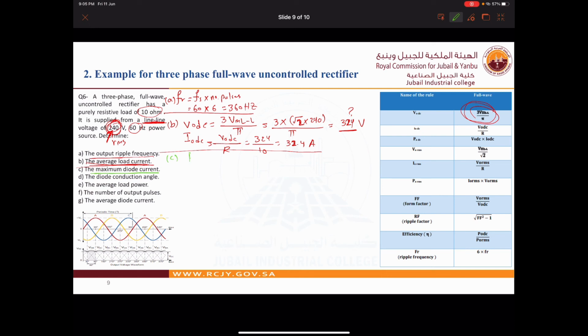I maximum is equal to V maximum divided by R. Now V maximum is root 2 multiply 240, which is 339.4, divided by 10, which is 33.9 ampere. This is for C. Now for D.